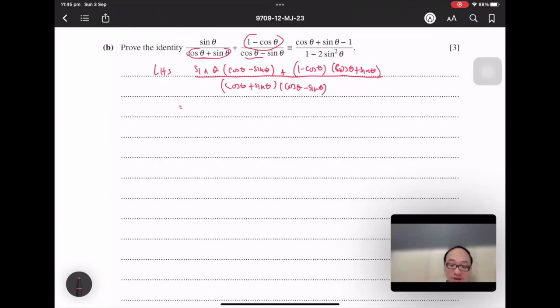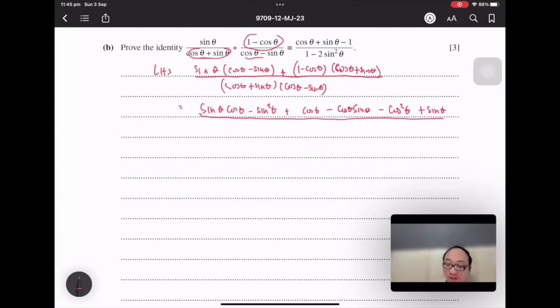So we expand: sin theta cos theta minus sin squared theta plus cos theta minus cos theta sin theta minus cos squared theta plus sin theta.